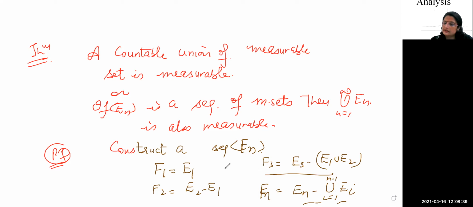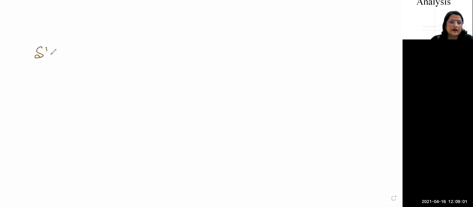So this construction is such that all the EIs are measurable, and we will prove that all Fn's are disjoint measurable sets. So this is step number 1. Now we have step number 2.